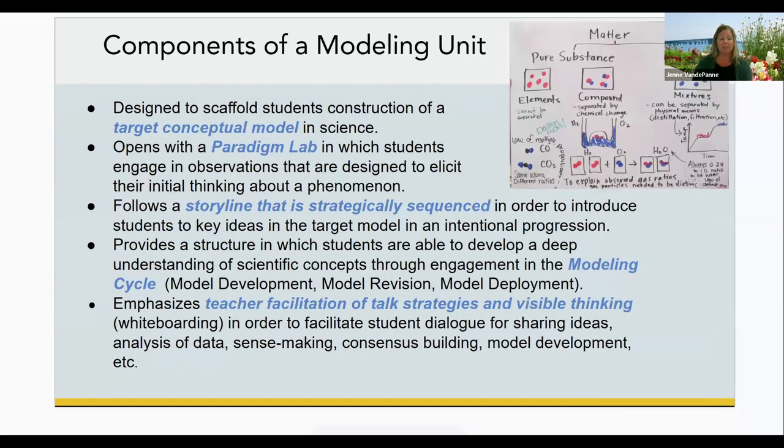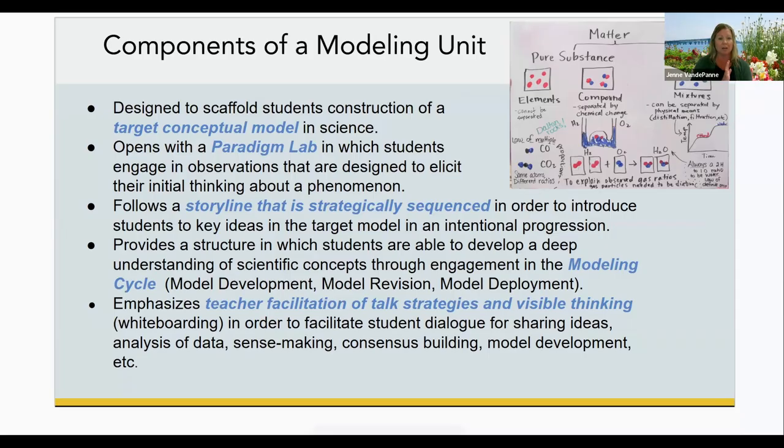So it comes with a target conceptual model. The idea of particle movement for energy, for example, is the conceptual model we're going for. But it starts with a phenomenon. In MyStar, the phenomenon is written in the modeling curriculum, which is separate from MyStar.